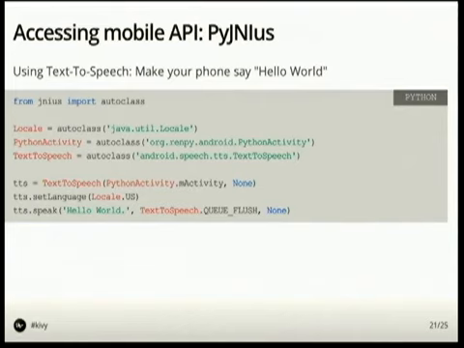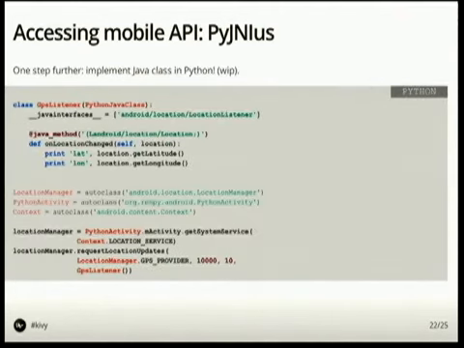And another example is if I want to access the GPS of my phone, the Android API requires you to create a Java class that implements one method. So we started another work, to be able to implement Java classes from Python. And it looks like that.